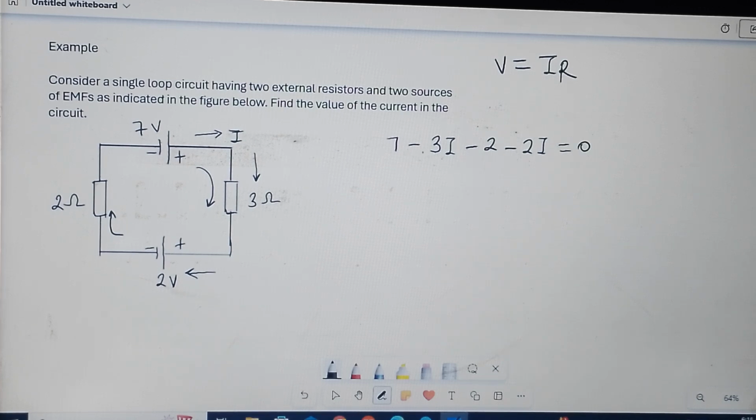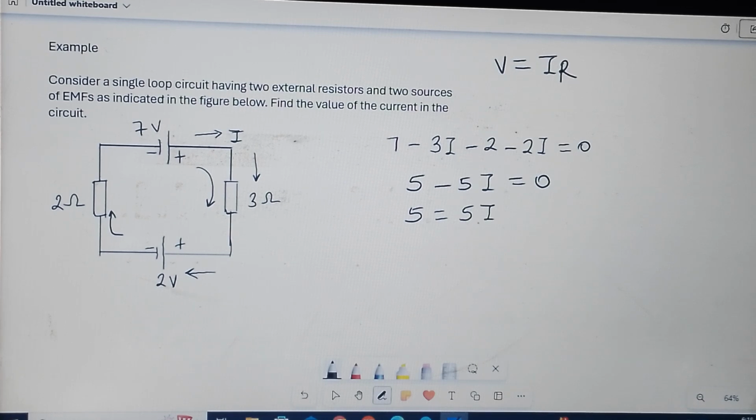So 7 minus 2 is 5. Minus 3I minus 2I is minus 5I, equal to 0. We take like terms to different sides of the equation. We have that 5 is equal to 5I. How did we get 5I?